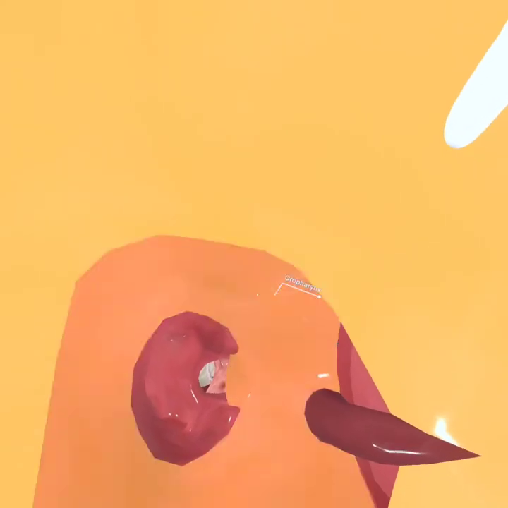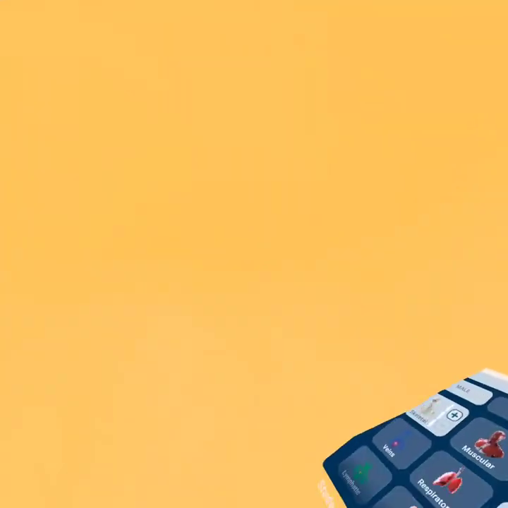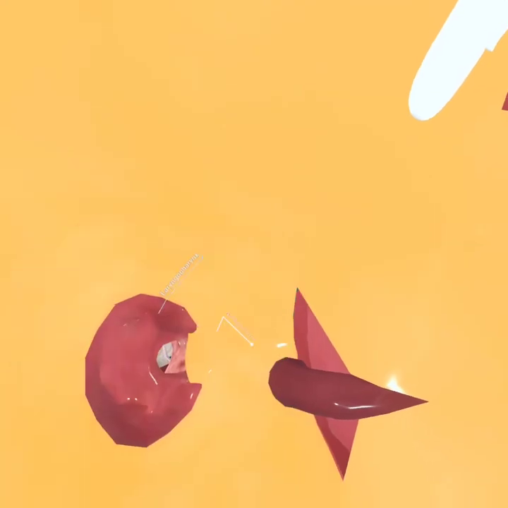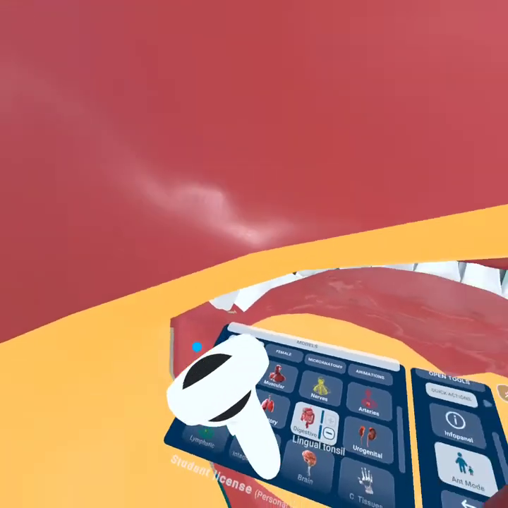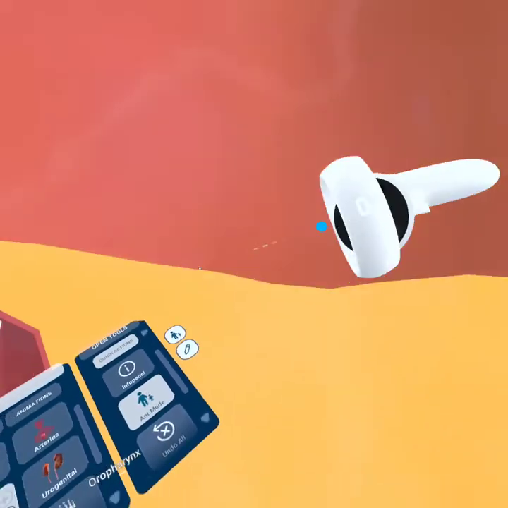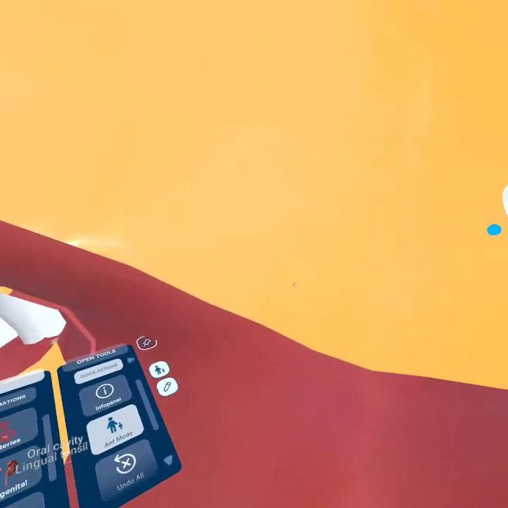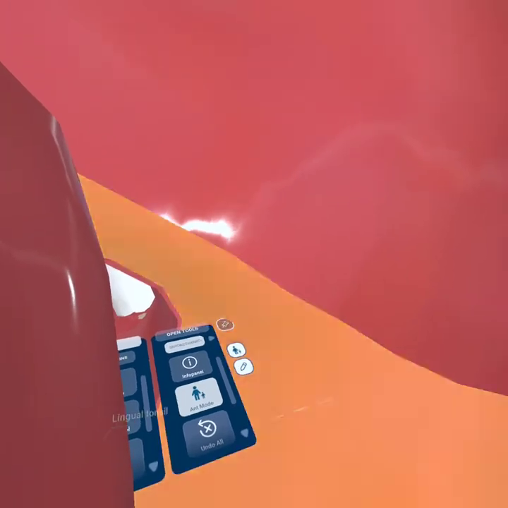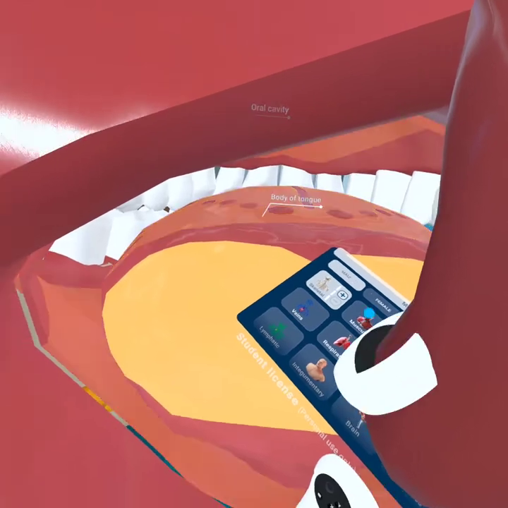All around that space would be our pharyngeal isthmus, and that space is how the nasopharynx communicates with the oral cavity. So imagine where I am right now, all around here, this space that the controller is on will be the oropharynx. That will be the pharyngeal isthmus, and that's how the nasopharynx communicates with the oral cavity.